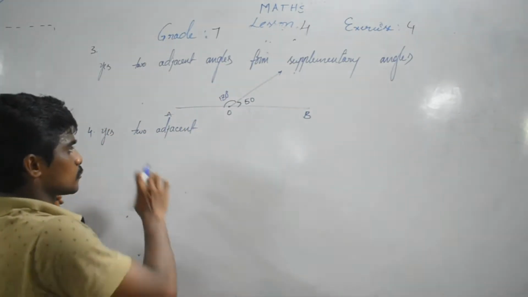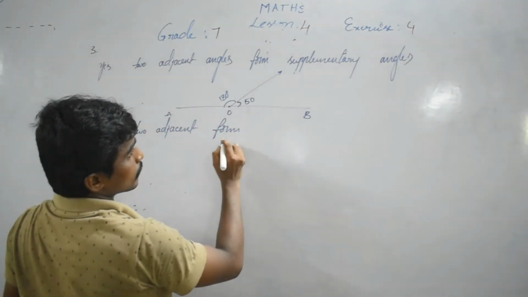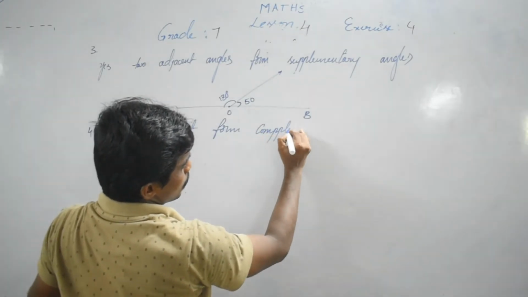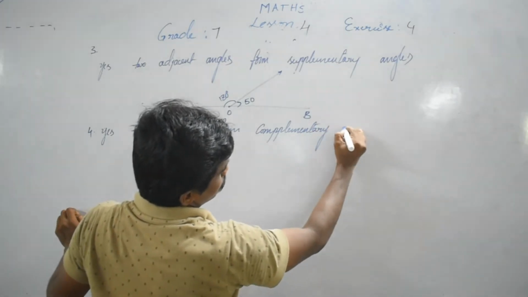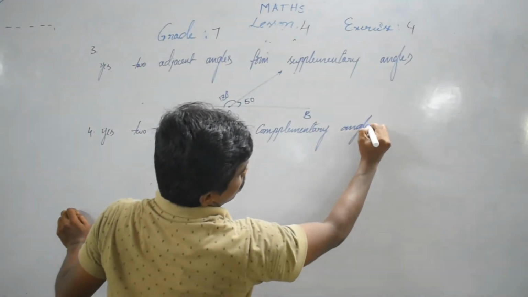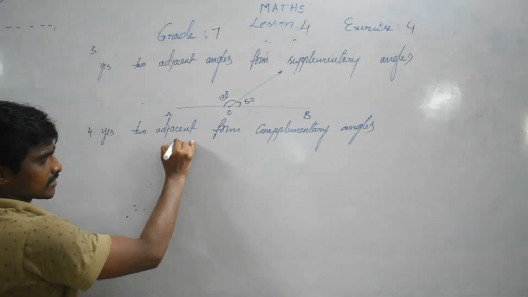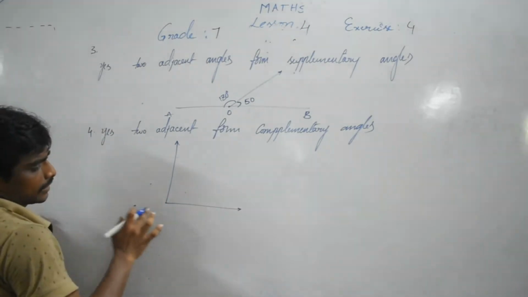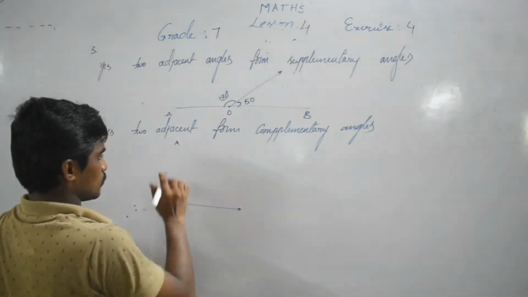So two adjacent angles form complementary angles. What is a complementary angle? Must and should be 90 degrees, these two angles.